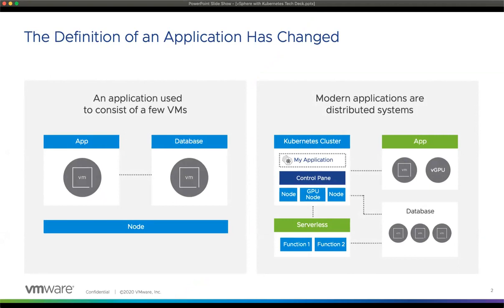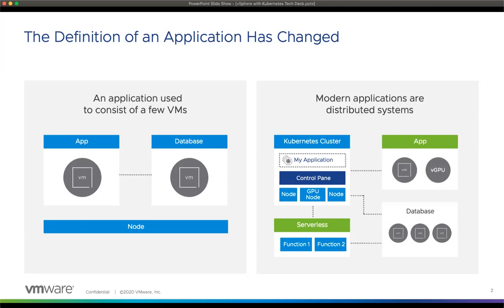But when you start going into these new modern applications, they're much more distributed. We will have something like a Kubernetes cluster, which is the management or control plane for managing containers and other things. I'll get into that in a little bit. That's managing my container environment primarily today.